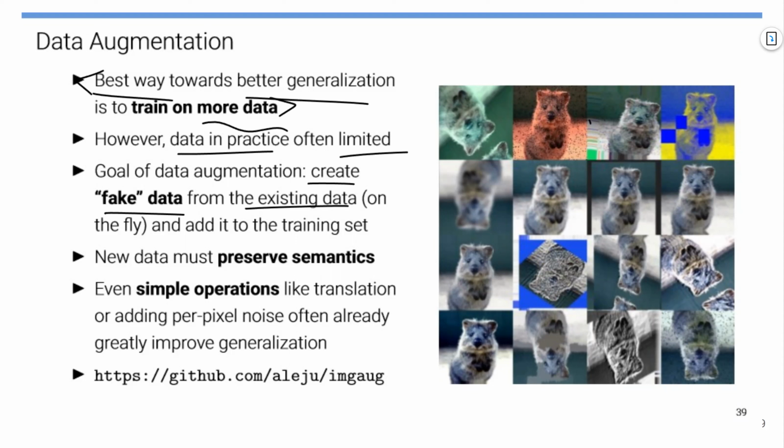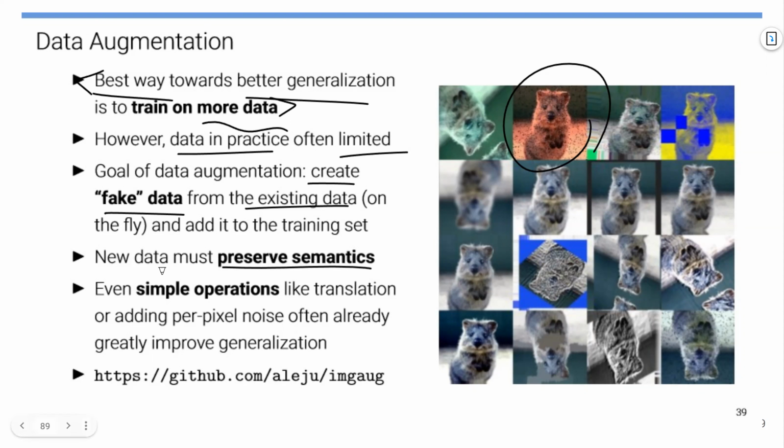For example, we just have this data. However, by applying some geometric transformation or changing the brightness or contrast, we can come up with some fake data. However, in the process of modifying our original data, we need to preserve the semantics in the data.